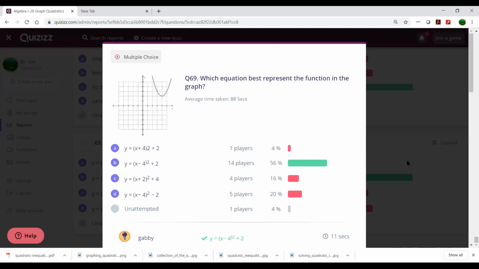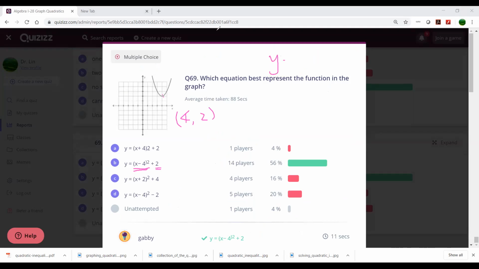Okay, so what I'm saying here right now is this one meets the third situation. They have the vertex here. So the vertex here is what? It is 4 and 2, right?